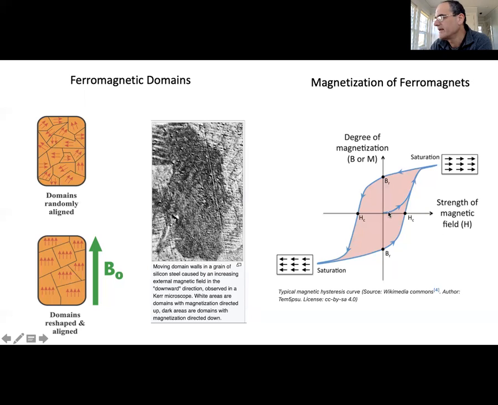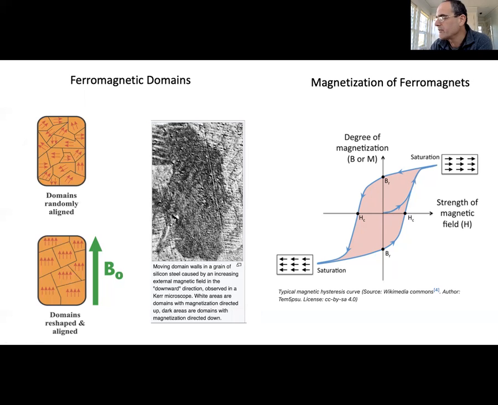Starting from this state, if we increase the external field, we'll find the material magnetizes. The magnetization will rapidly go up until we reach saturation, where all the spins are aligned, much like they are in this flake of steel here.